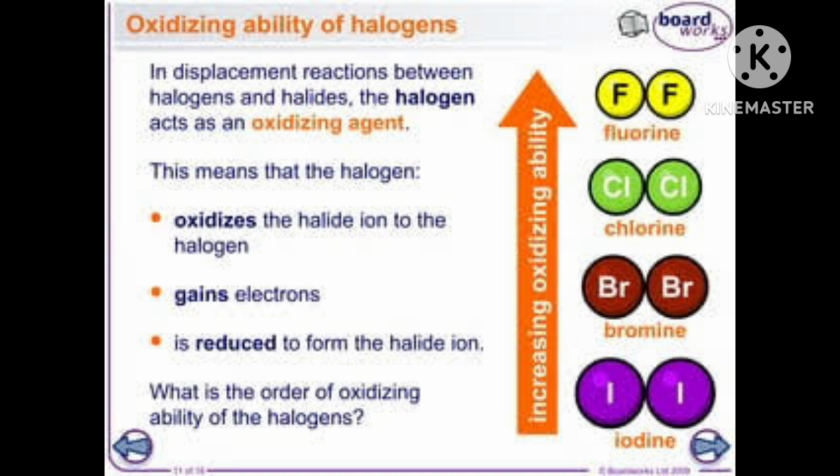Fluorine has no d orbitals, but other halogens have d orbitals and therefore can expand their octet and show +1, +3, +5 and +7 oxidation states also. Fluorine is the most electronegative element, small in size, with no d orbital, and cannot release any electron.